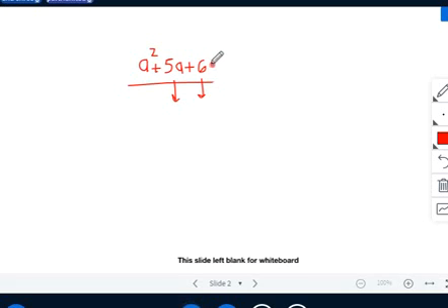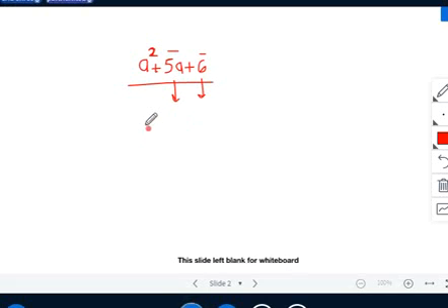Like if it's 6a cubed, then definitely you can take out a as common. Since there's nothing common in these three terms, and the highest power is 2, it's a quadratic equation, and you have to find two numbers. When you multiply them, you get 6. When you add them, you get 5. Now you tell me what are those two numbers. So it will be 3 and 2.